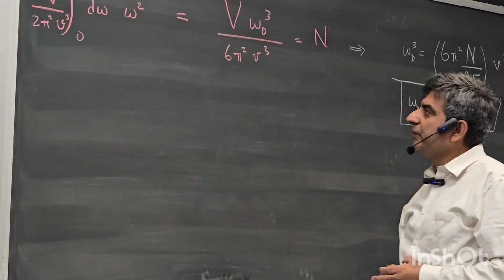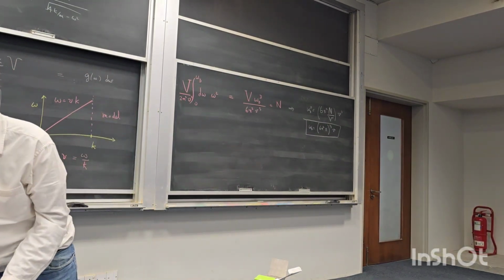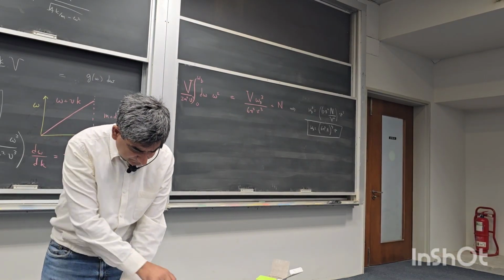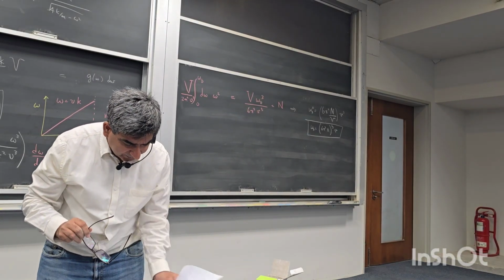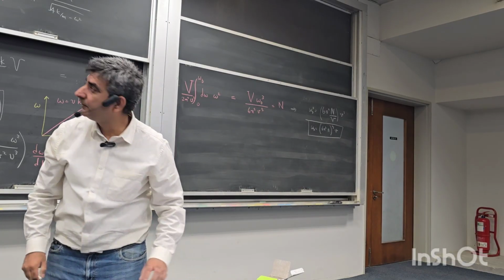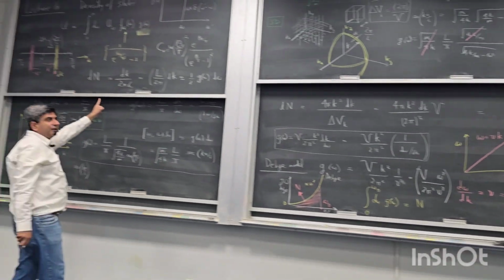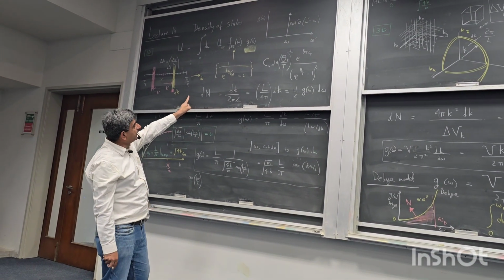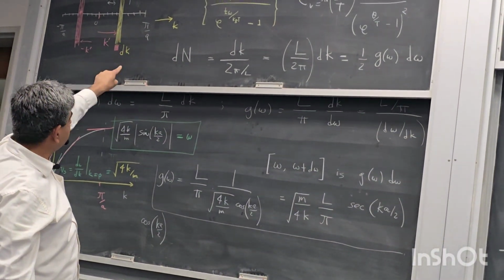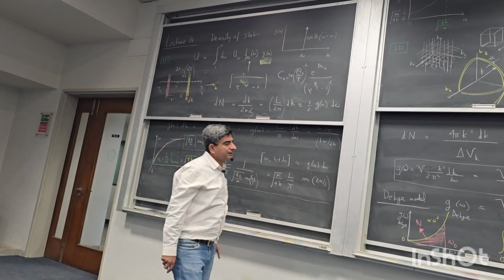Now let's calculate the total energy inside this Debye model. In order to calculate the total energy, that's really something very simple. It's just given by that formula over here. So now this is the first time that we are looking at a density of states contributing to the total energy of this gas of phonons.